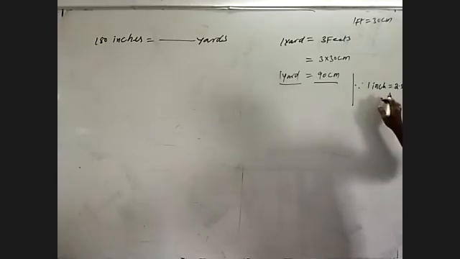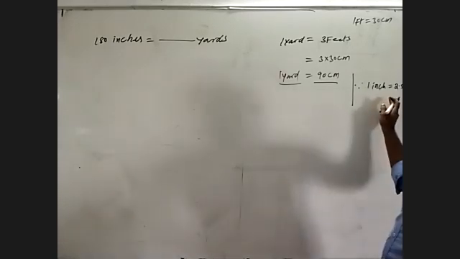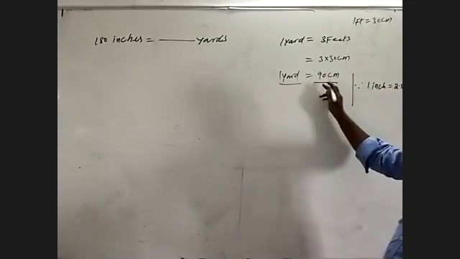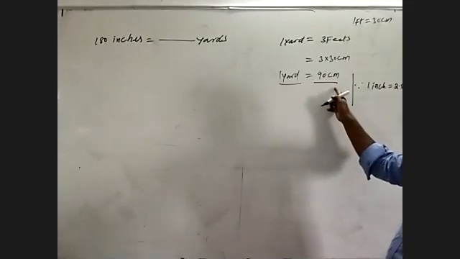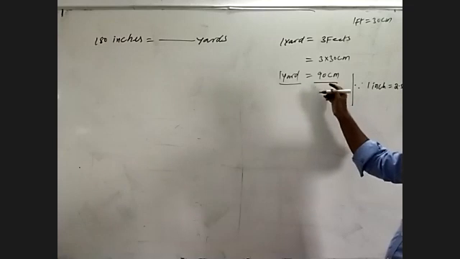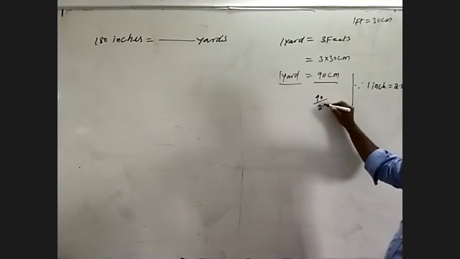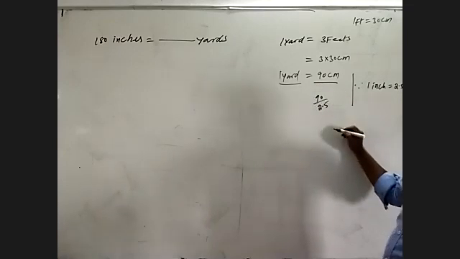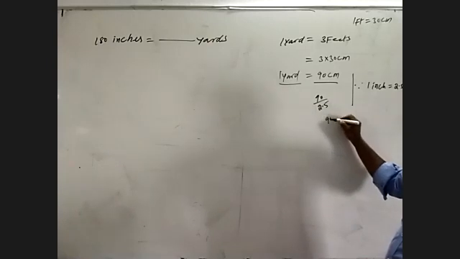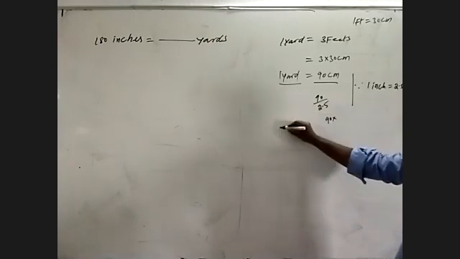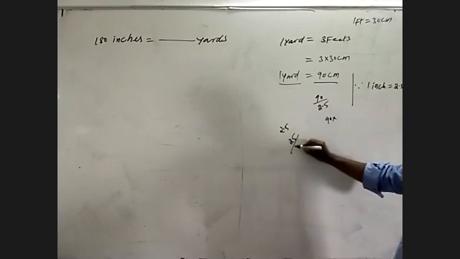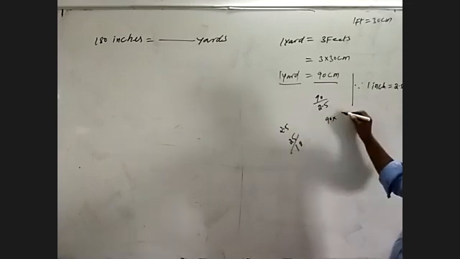Try once. 1 inch is equal to 2.5 centimeters. If you do that division, how many inches are present in one yard? So 90 centimeters by 2.5. 2.5 we can write as 25 by 10, and by taking the reciprocal, it is 10 by 25.